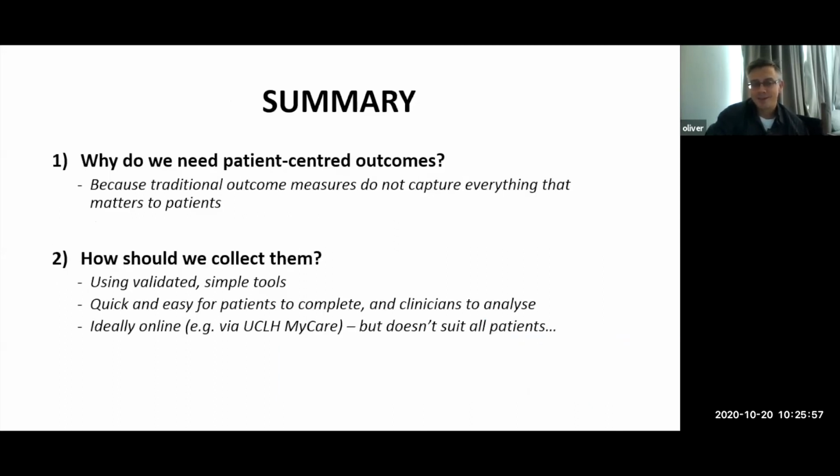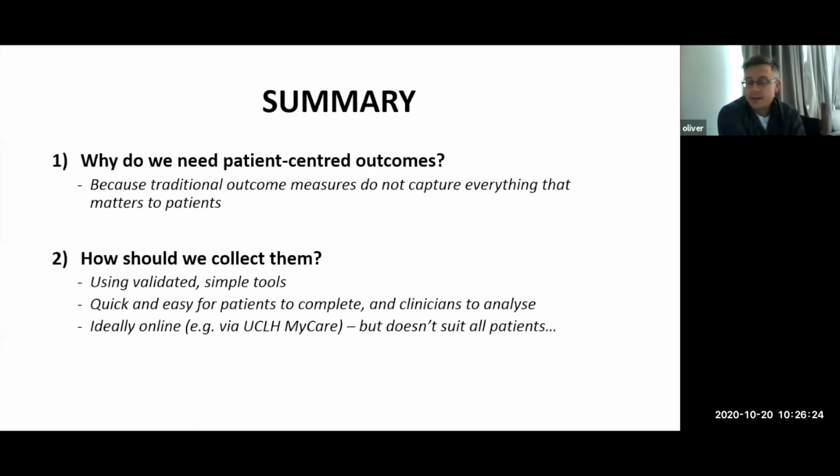So I feel like I've left you with more questions than answers at the end of all this, but the 2 take-home points that I would try and leave you with are these. Why do we need patient-centered outcomes? Well, firstly, because traditional outcome measures don't really capture everything that matters to patients and don't give us a full picture of the quality of care that we're providing.